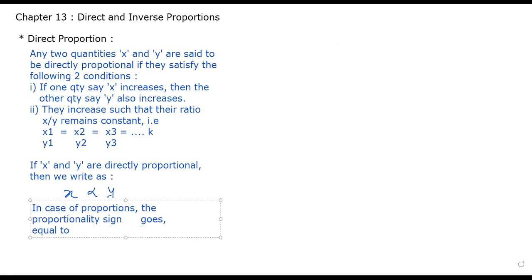Equal to sign comes along with a constant of proportionality k. K is taken as constant of proportionality. Remember this thing, okay? Whenever you will have a proportionality sign, from here onwards.